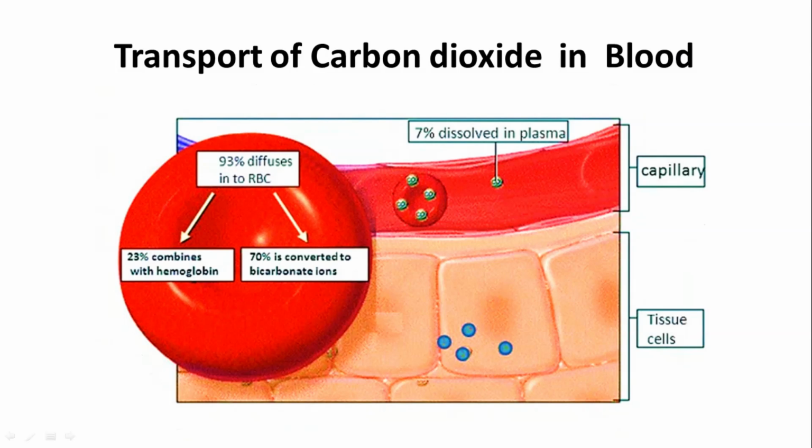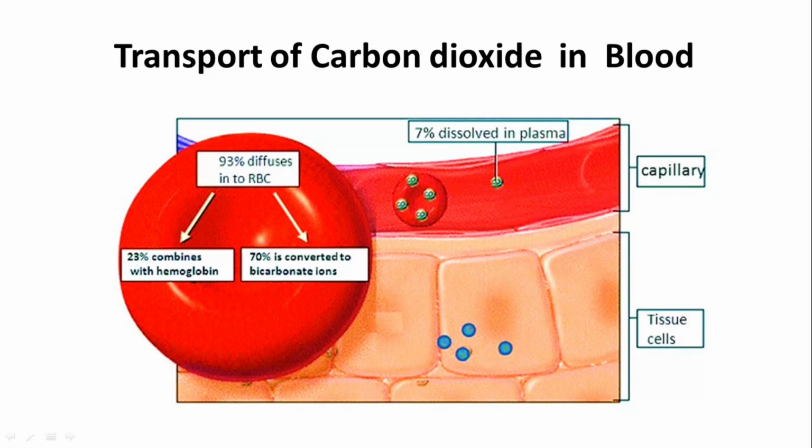So here you can see that 93% of the carbon dioxide from our body tissues, which is produced in our body tissues during metabolism, is diffused into the red blood cell. In the red blood cell, only 23% combines with hemoglobin to form carboxyhemoglobin, and 70% is transported by means of bicarbonate ions.